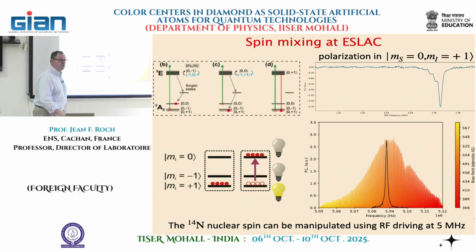It's difficult to do better than that on this signal, but we will show in the afternoon how we can, after that, optimize the nuclear spin polarization using another trick. What's also important is that now you can really play with the nuclear spin. You can even forget about doing any ODMR scheme.